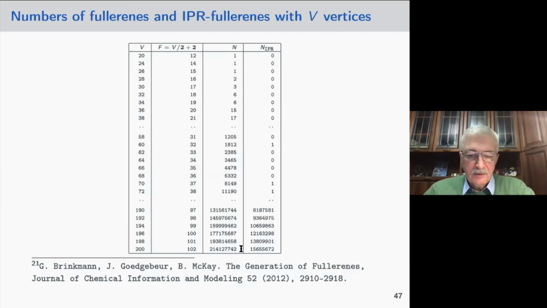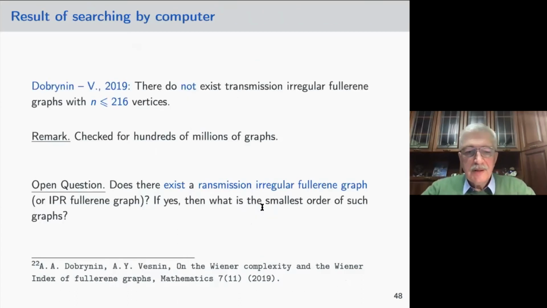The numbers grow very quickly, and you can go to Brinkmann's homepage and find these tables of fullerenes generated by his program. So there are a lot of known examples, and inside this family, IPR fullerenes. We take these graphs and try to find interesting examples which are transmission irregular, and we calculated up to 216 vertices.